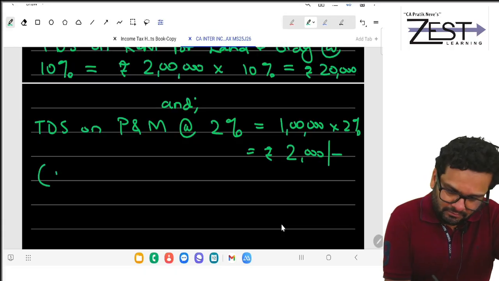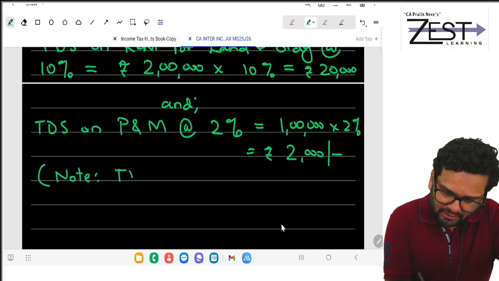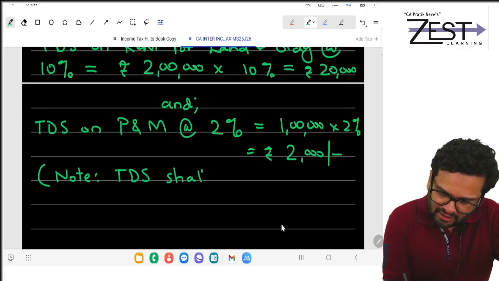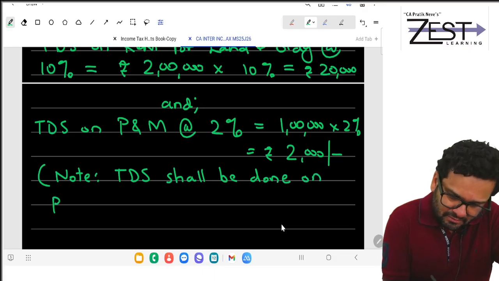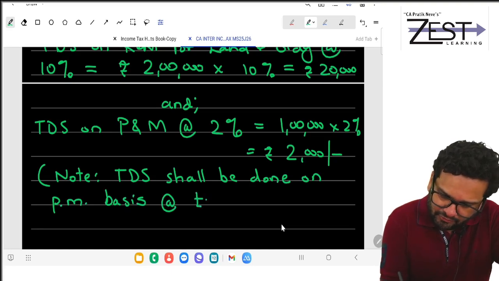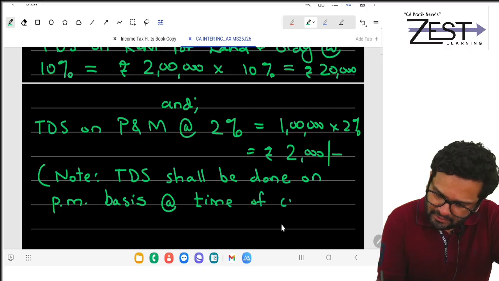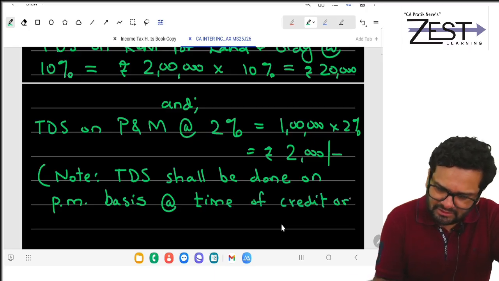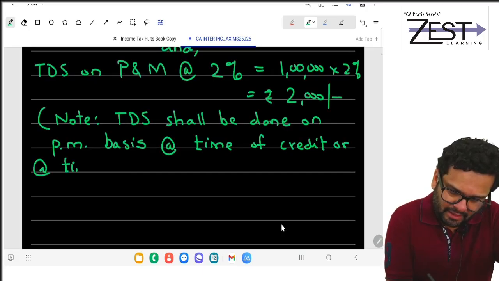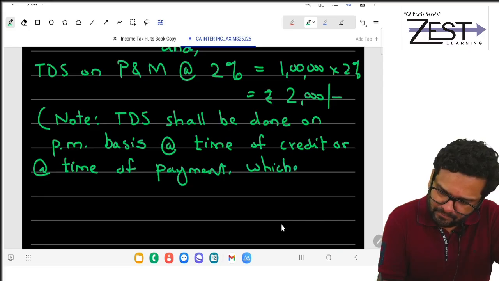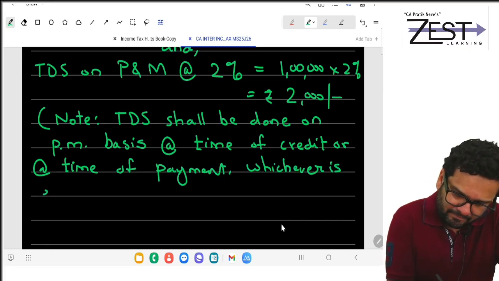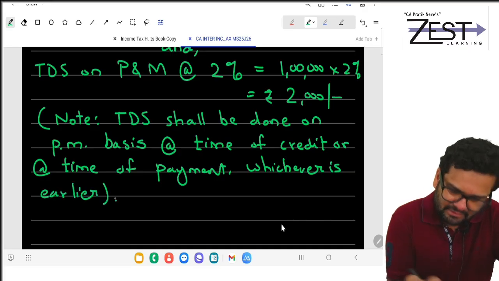So I hope that you know that TDS shall be done on a per month basis at the time of credit or at the time of payment, whichever is earlier.